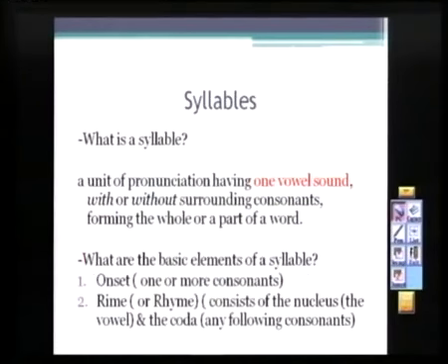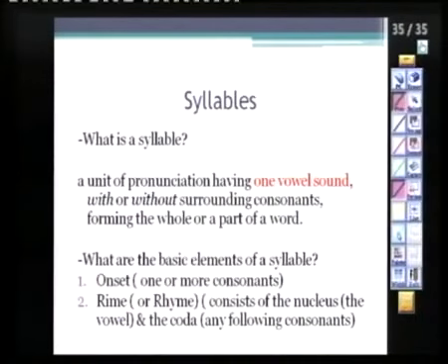Before we talk about this, let me give you a word, and I need you to think, using your intuitions, how many syllables are in that word. Let's say a word like computer. Think for a minute about how many syllables this word has. How did you know that?